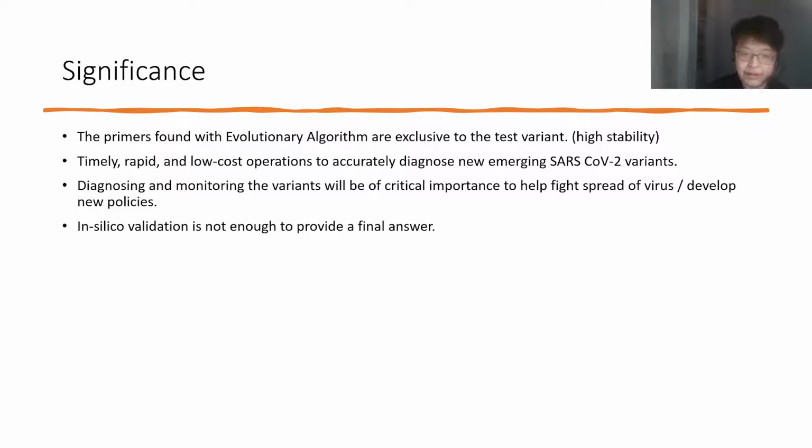Secondly, the primers designed by EA could accurately diagnose newly emerging SARS-CoV-2 variants. And currently, diagnosing and monitoring the variants is critically important to help fight the spread of the virus and help the government develop new policies.